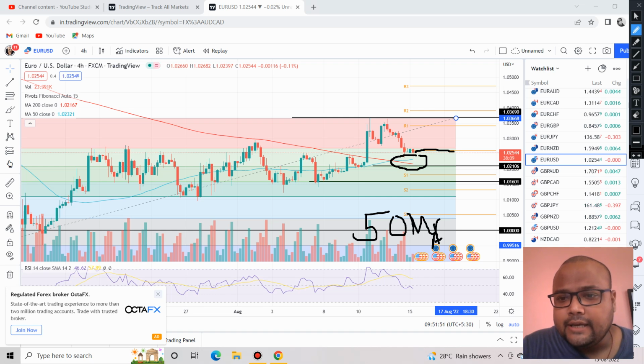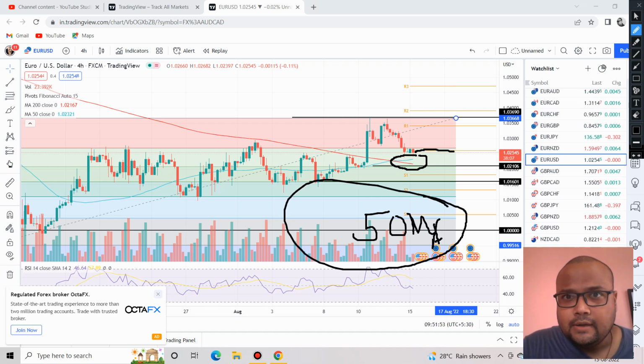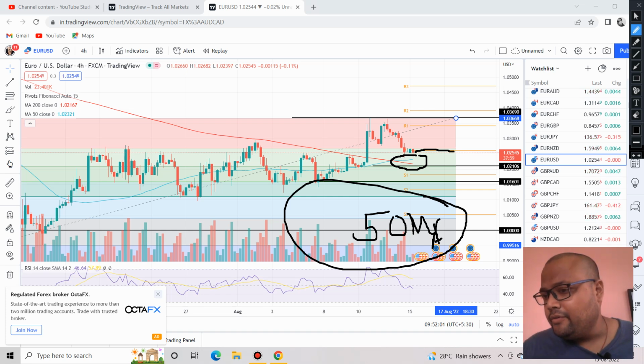The 50 moving average is a beautiful dynamic support or resistance in the forex market. But the main problem with the moving average is that it does not work in a sideways market, and Euro USD right now is the perfect example of a sideways market. As a result, we cannot trust the moving average to act as a dynamic support.